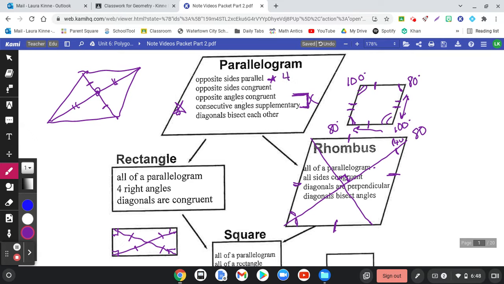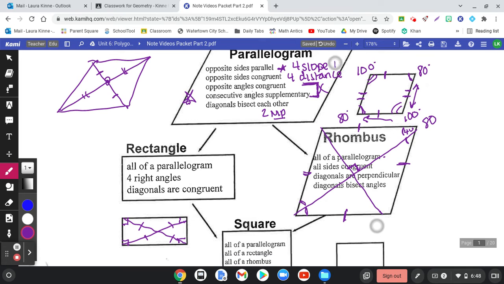So 4 slope or 4 distance, basically. Or you can show the diagonals bisect each other. So that would be 2 midpoint if they give you the diagonals. Okay. I personally tend to go with the 4 slope, but we'll look at all the different ways.